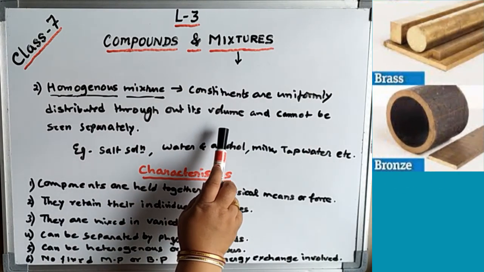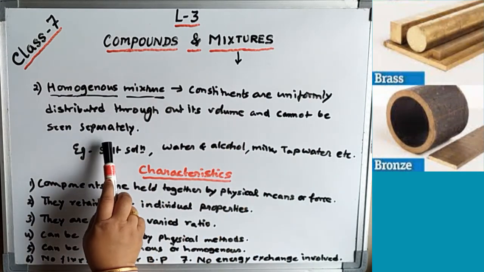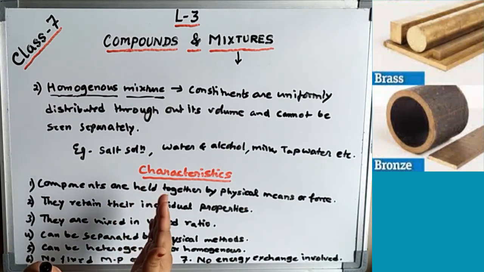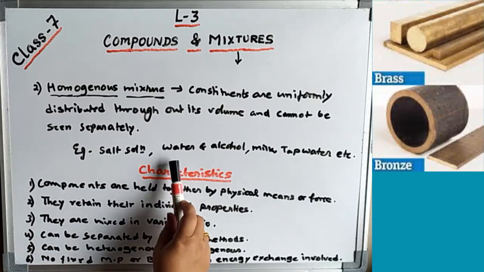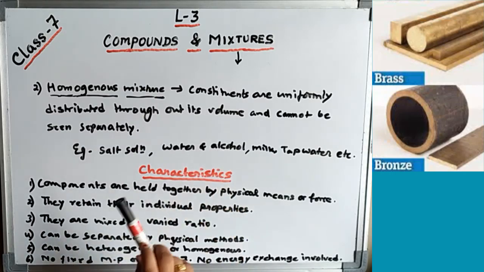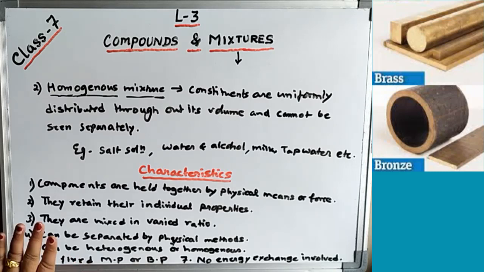It is distributed throughout its volume and cannot be seen separately. Since it mixes homogeneously, you are unable to see where the salt is in the water, because it's mixed thoroughly inside it. Similarly, water and alcohol, water and acid, if we mix them together, we are unable to see them separately.